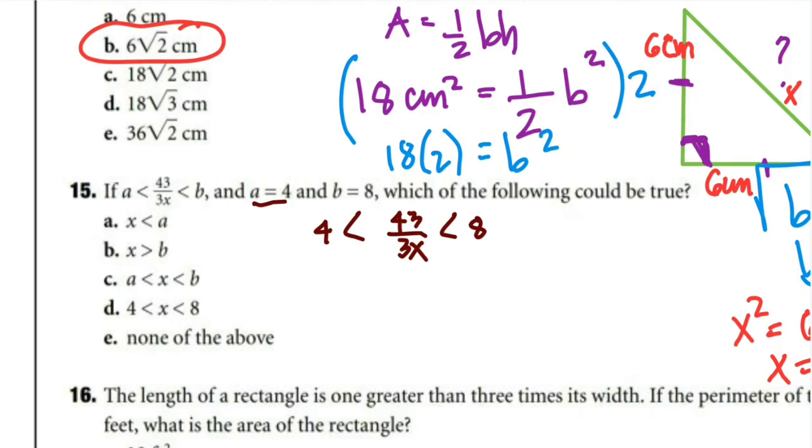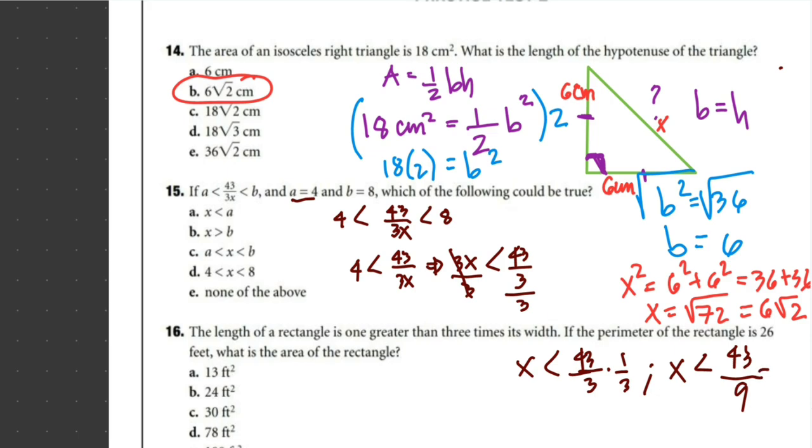Or we can just do trial and error here, or we solve for x. So that is 4.78. But a is equal to 4. Hold on, I think this doesn't make sense.